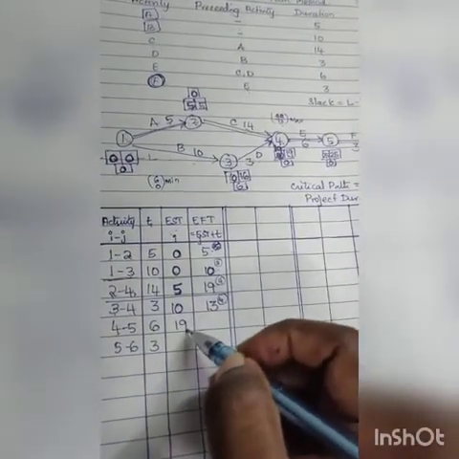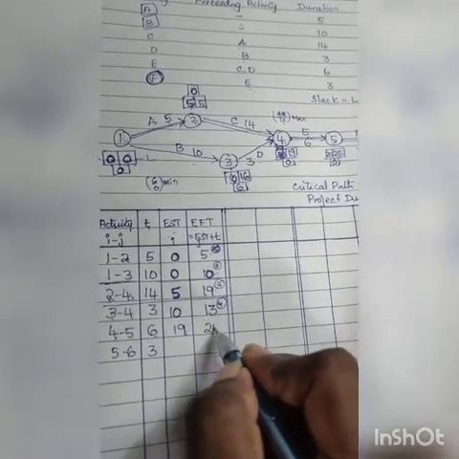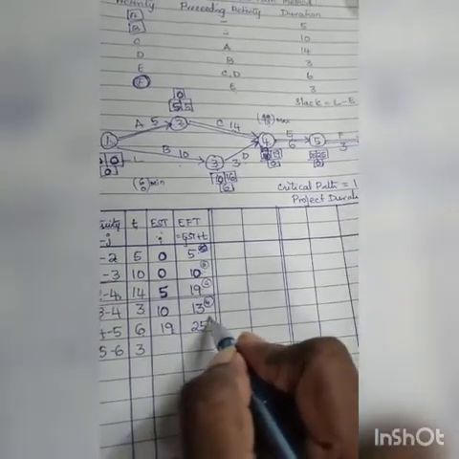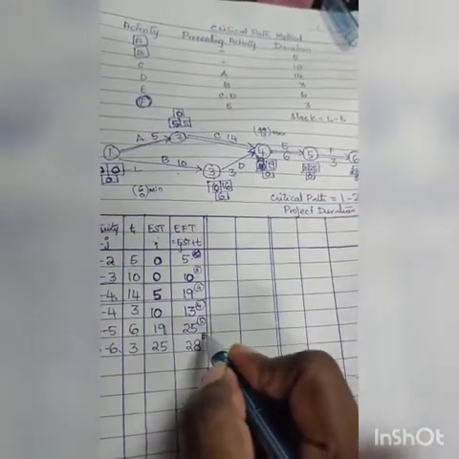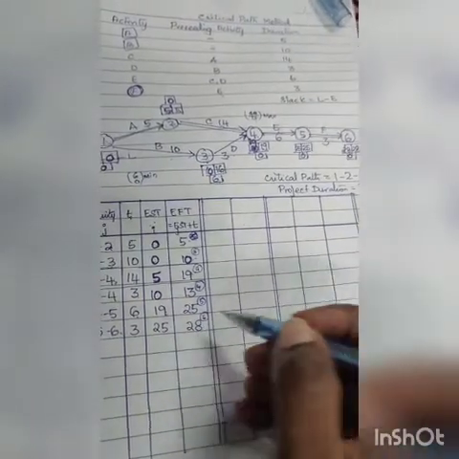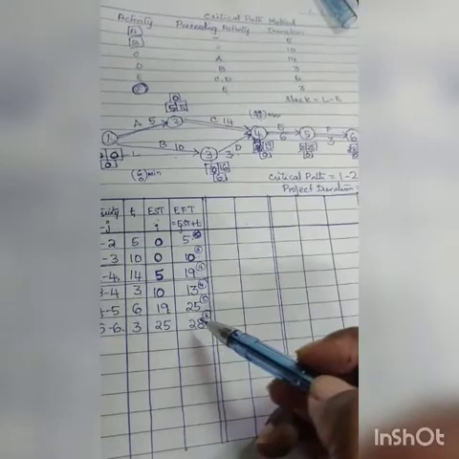Out of these two, I am taking 19. 19 plus 6, 25. This is the value for 5, and therefore I am directly writing this and 28. It's very simple. There is only one 6 here. If I had multiple, I would again have a choice, but here there is only one. So my EST and EFT are done.